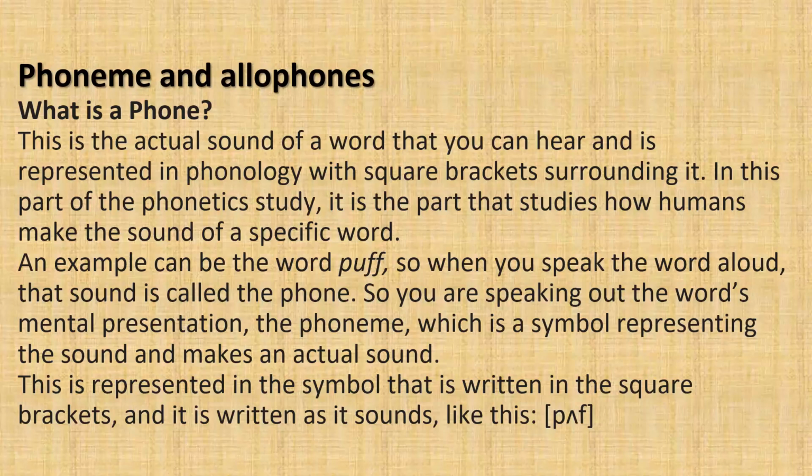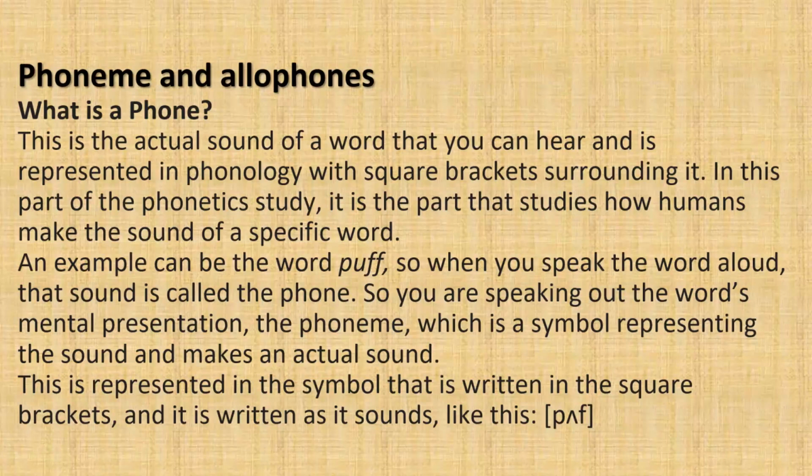If you get confused, actually nothing is here to get confused. We'll take the word dog. When you pronounce dog, that is phone. But when you pronounce the word dog, automatically a picture of a dog comes to your mind, or else you know what type of animal a dog is. That is called phoneme.